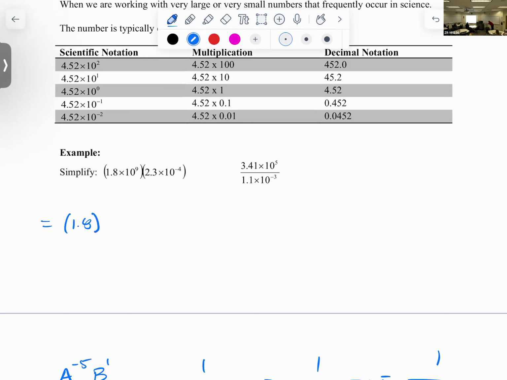I can multiply 1.8 and 2.3, and then I can combine the 10s using the rules of exponents. To the 9th power and to the -4th power, what do I do with these exponents? Add them. So that becomes 9 minus 4, because I'm adding a negative. And then I need to, whatever that becomes.